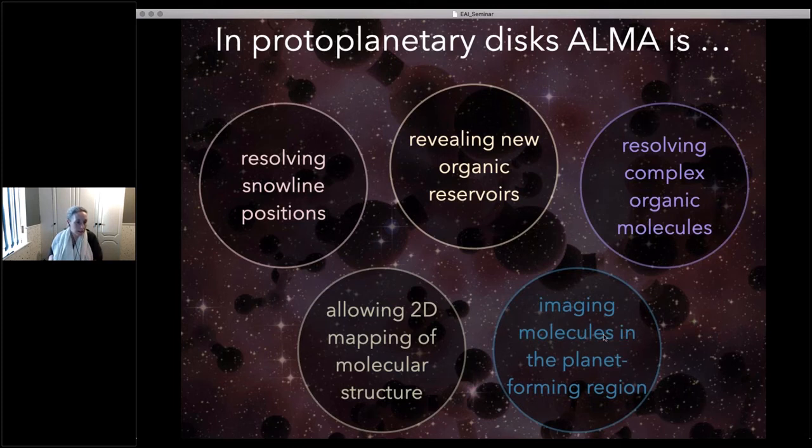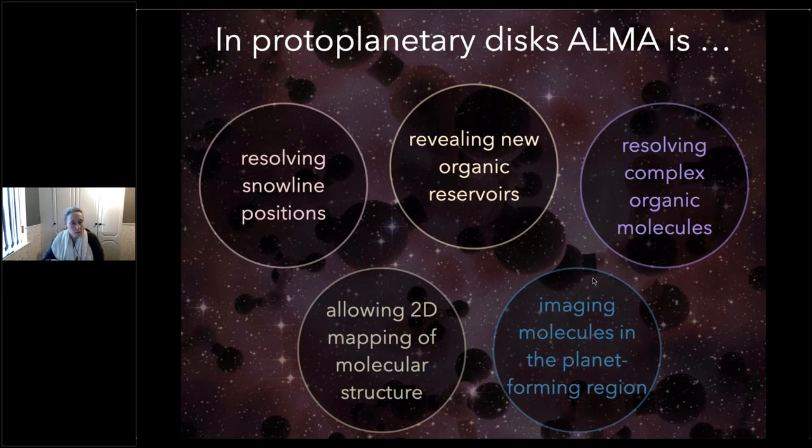And we're also starting at these high resolutions to image molecules and the molecular composition in the planet-forming regions. So we've made a huge step forward just in the past 10 years by exploiting observations of rotational emission lines from ALMA, and now also showing what the power of high resolution can do. I'll finish there, and I'm happy to take any questions.